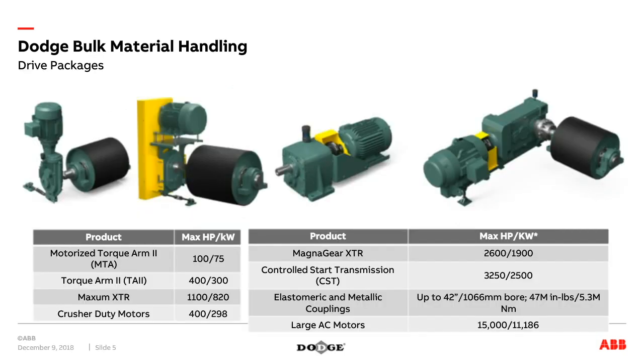Again, to clarify the products that we'll be discussing today, we look at the drive packages that would be included in a bulk material handling conveyor application. Some examples of those would be, all the way from, you see on the far left, a motor with C-face to a shaft-mounted gearbox, specifically called our motorized torque arm product, driving a head pulley with shaft-mounted bearings and conveyor pulley as well.